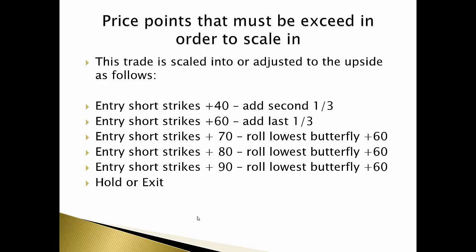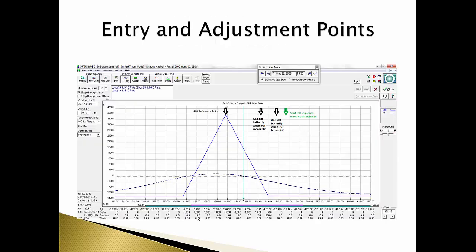If the market goes to 1,070, we're going to take the lowest butterfly we put on and bring that all the way up in front of our other butterflies. And if the market happens to go to 1,080, we're going to do the same thing again. We're going to take our lowest butterfly and roll it forward. And if it hits 1,090, we're going to do that again. So it's really very, very simple, and you'll see that once we show you some examples.